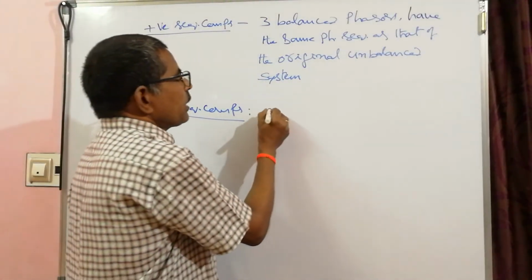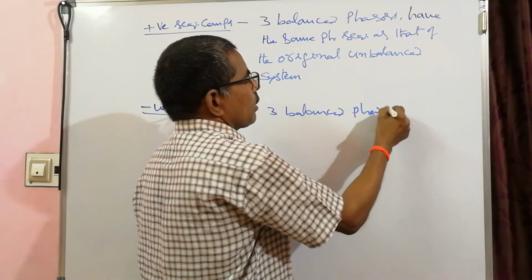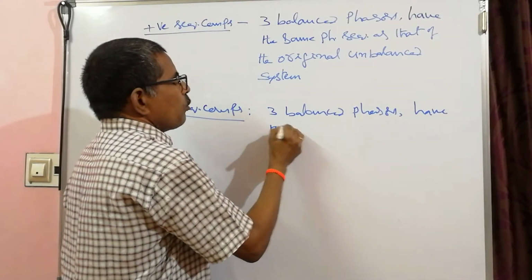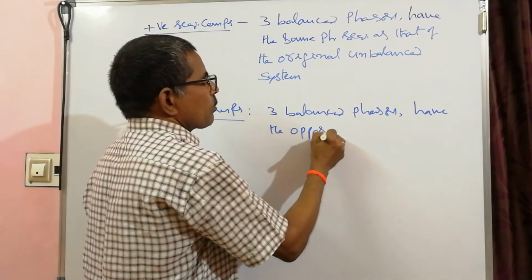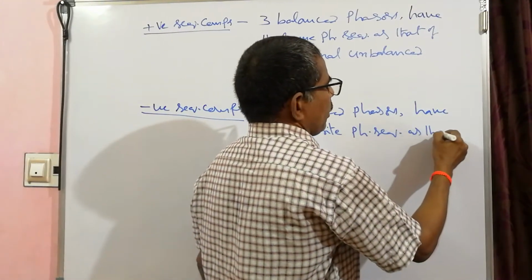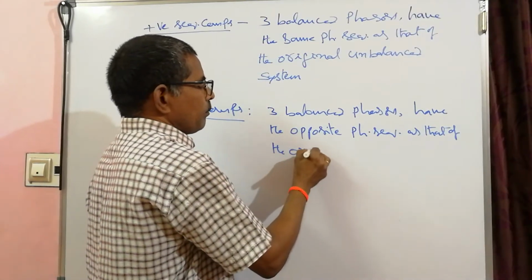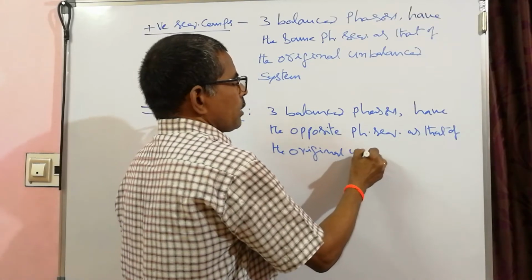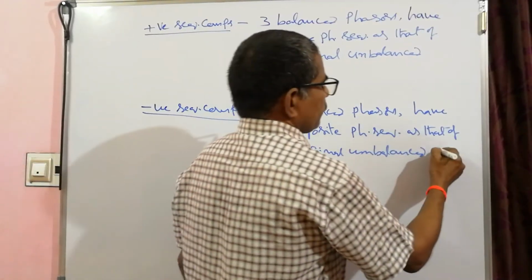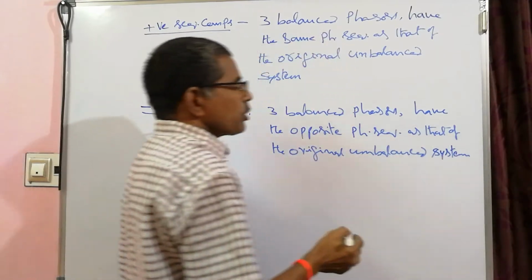These are again 3 balanced phasors that have the opposite phase sequence as that of the original unbalanced system. So, this is the difference.